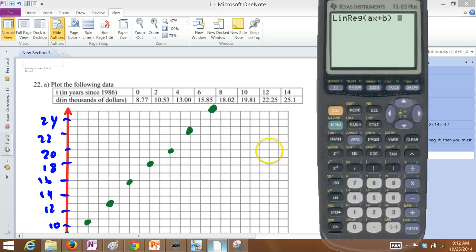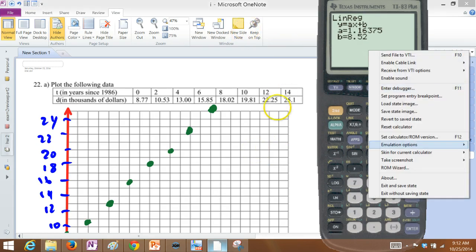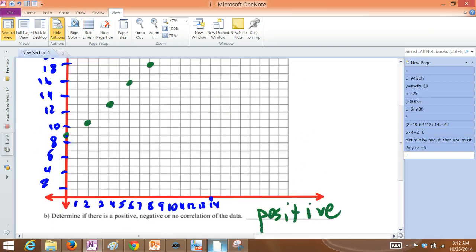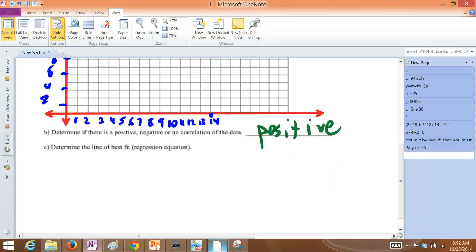We hit this, it should tell us the slope. This is the y equals mx plus b. And so we just write that down. Let me just take the screenshot over to the thing here and paste. Okay.